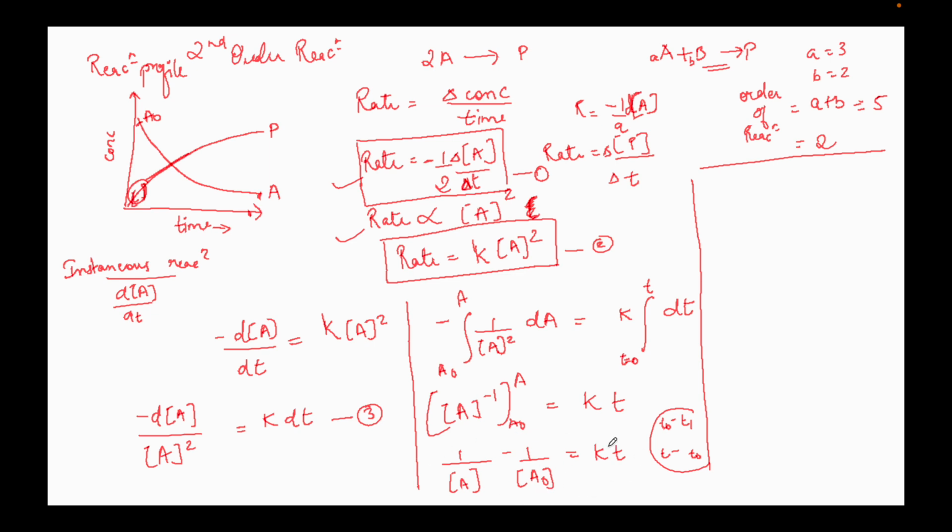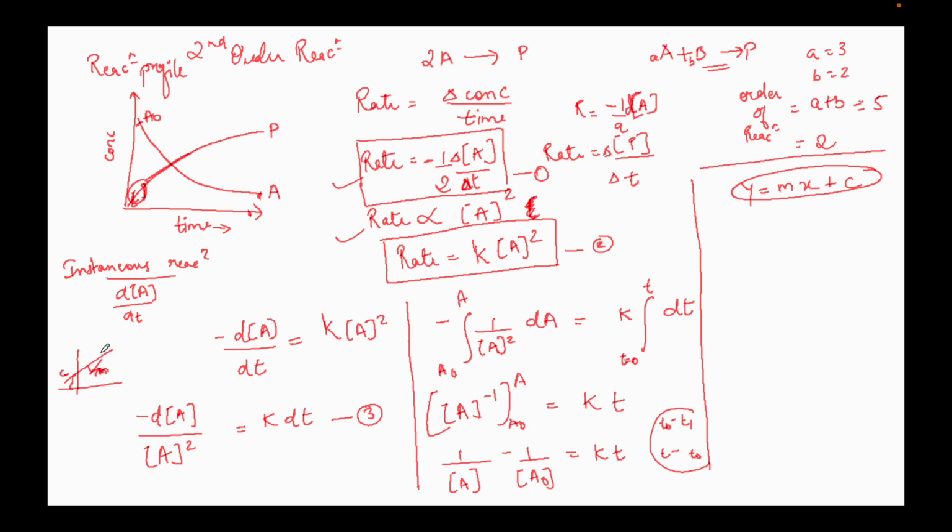Okay, now we have to write this in terms of a linear equation. So what is the linear equation? y is equal to mx plus c, right? This is the equation for the straight line. M is the slope of that straight line, and c is the intercept.